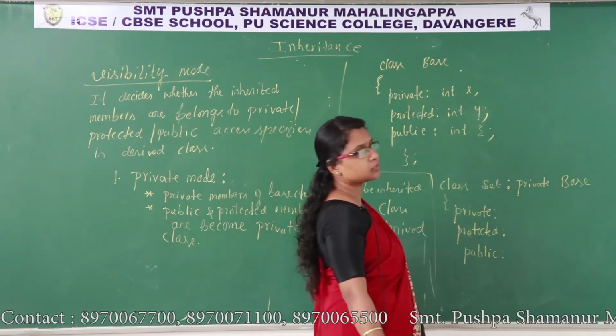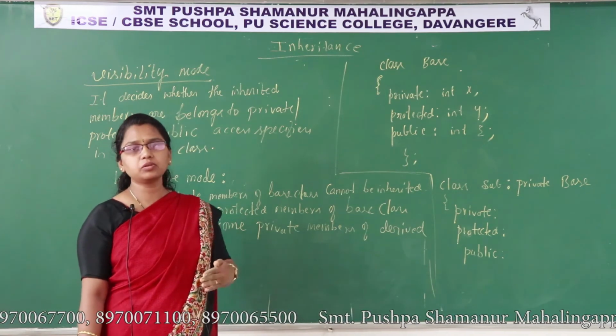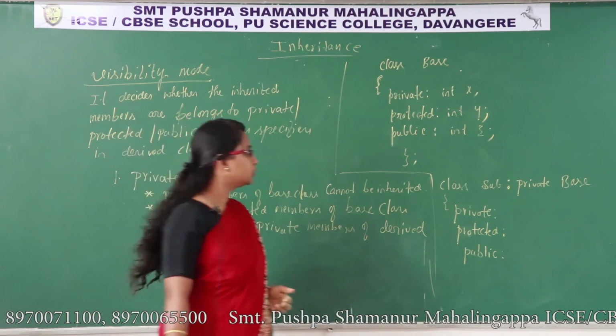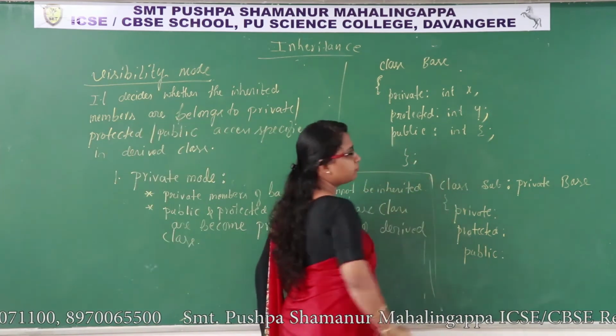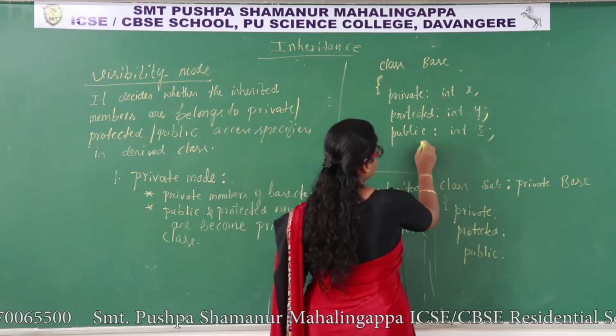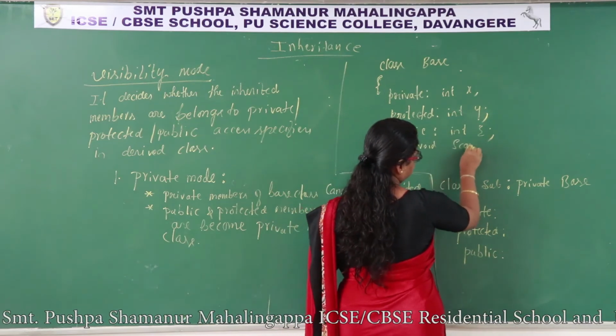Then how to access private data? You all know private access specifier. Only through the member function of that class can private data be accessed. So this class requires a member function. I'll take that member function here in the public section. Void scan.